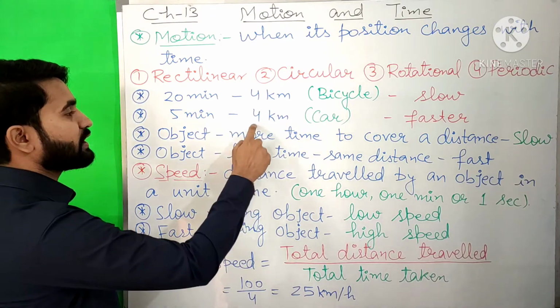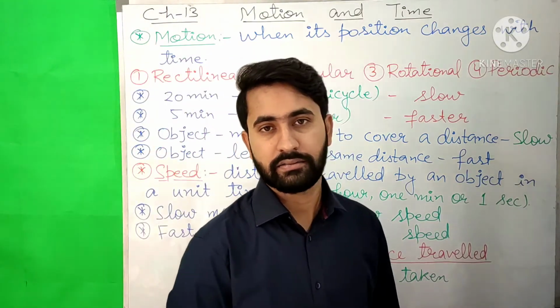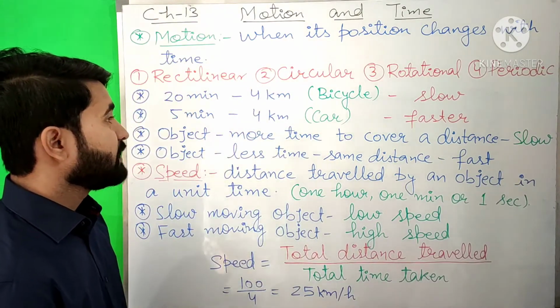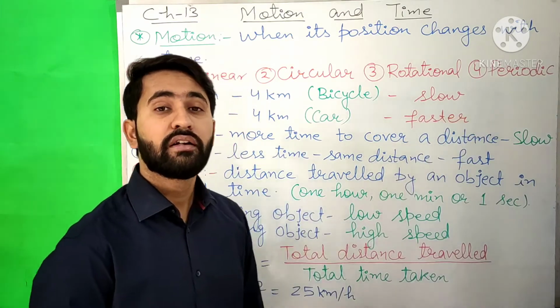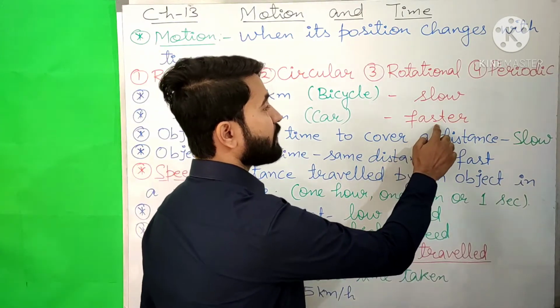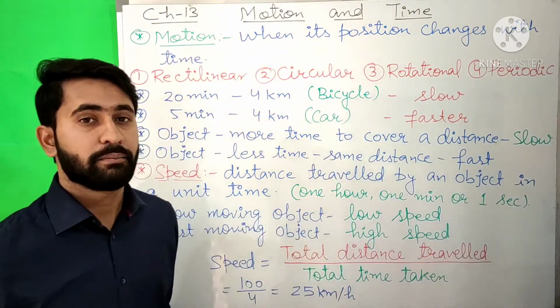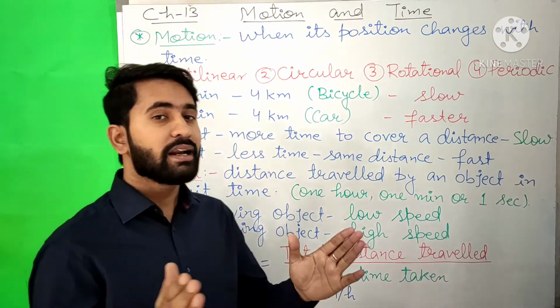That means we travel 4 kilometers in 5 minutes by car. So we can say that the bicycle moves slow, or we can say that the car moves faster than the bicycle, because the car is covering the same distance in less time.